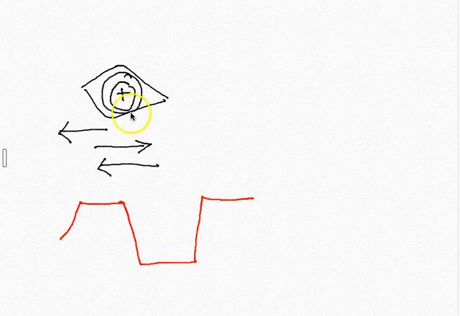So to repeat, the convention for the horizontal tracing is right is up and left is down. When the eye moves towards the right, the graph moves up. When the eye moves towards the left, the graph moves down. When the eye stays on the left, the graph stays down, that is, left is represented by down, and then the graph moves up when the eye moves to the right and stays there for a second.